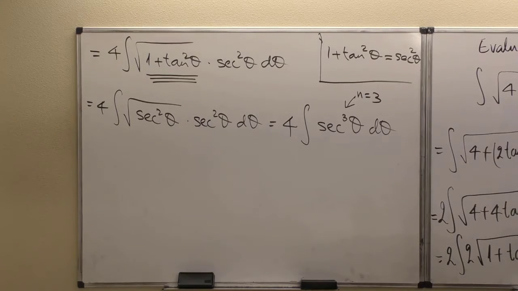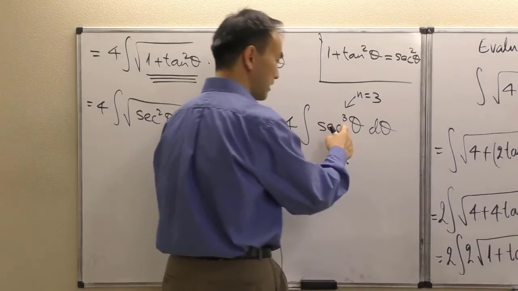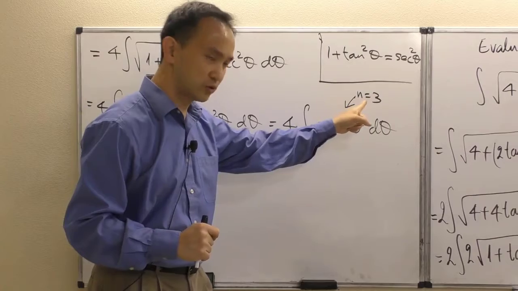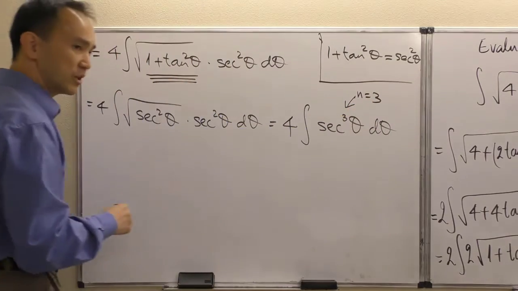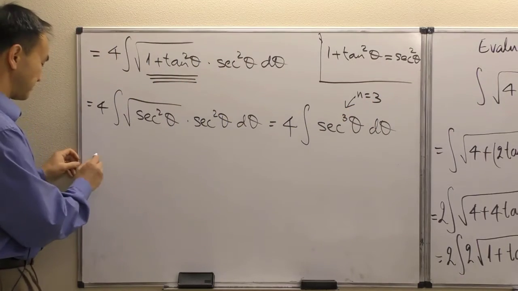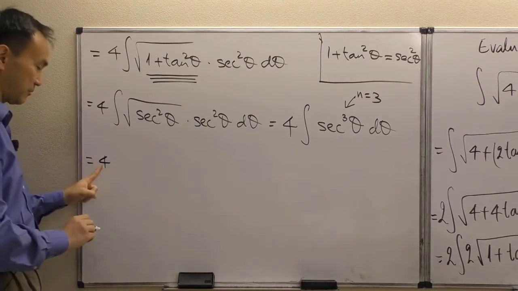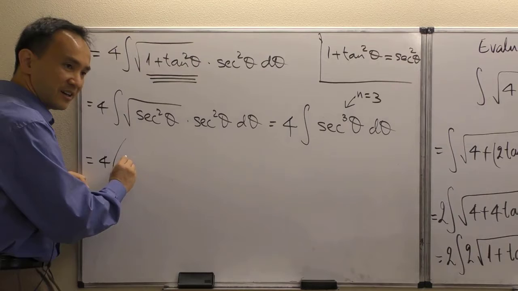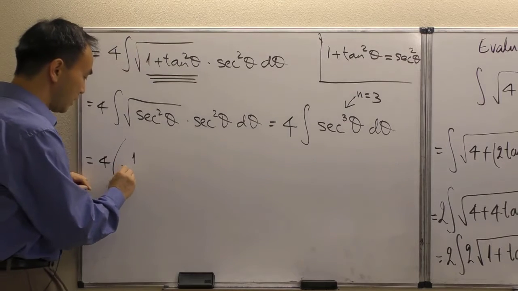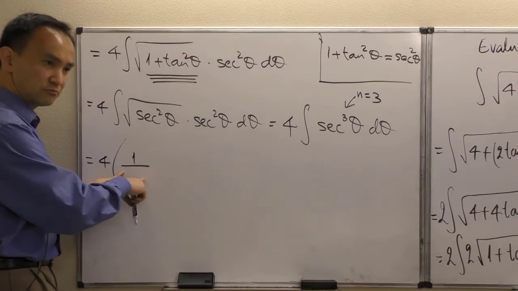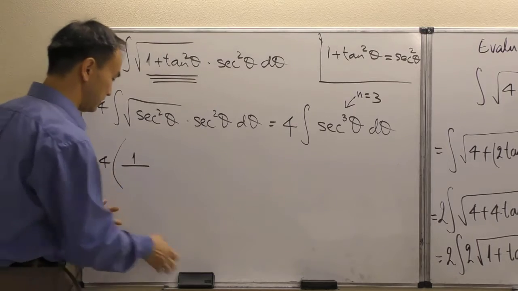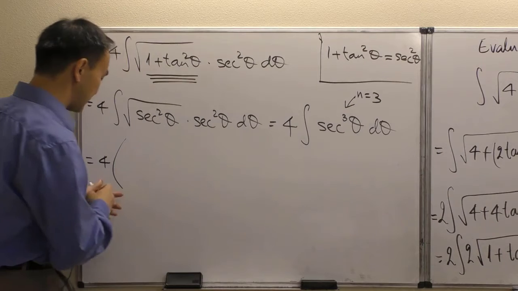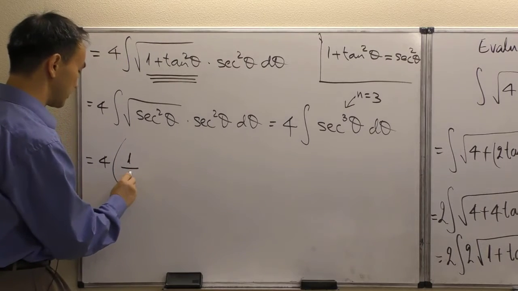Clearly recognizing that the n in the power reduction formula we're about to use is n equals 3, I'm going to put the 4 here as a common coefficient. Then it's going to be 1 over n minus 1, which gives me simply 1/2.